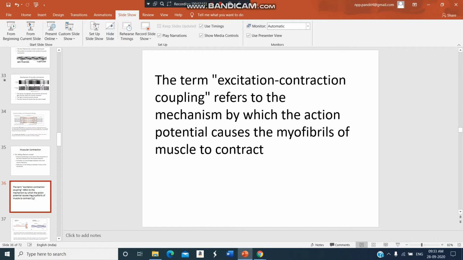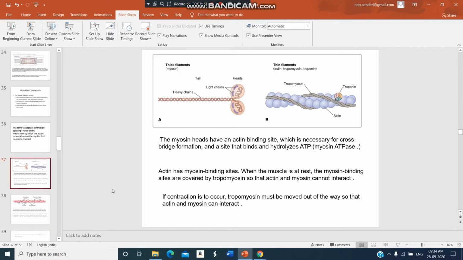Excitation is just to generate the action potential. Contraction coupling, because there is a coupling of both actin and myosin with the help of the cross bridges, and thus it brings the contraction of the entire muscle fiber, that is one cell.